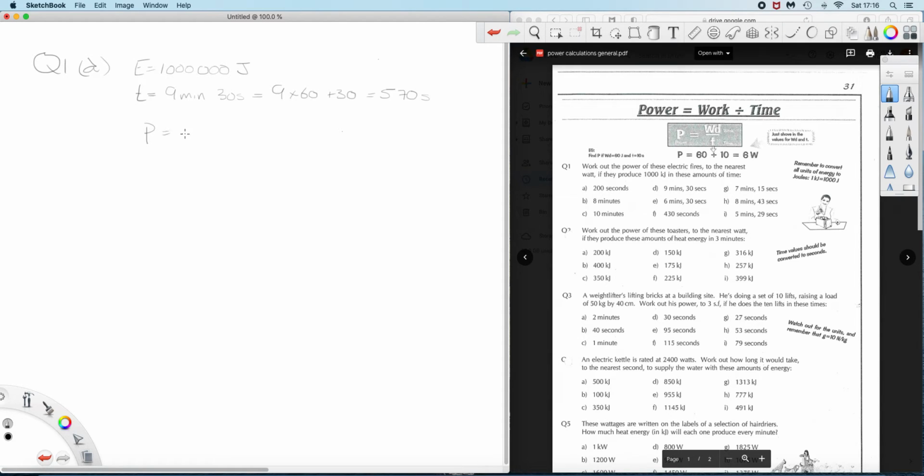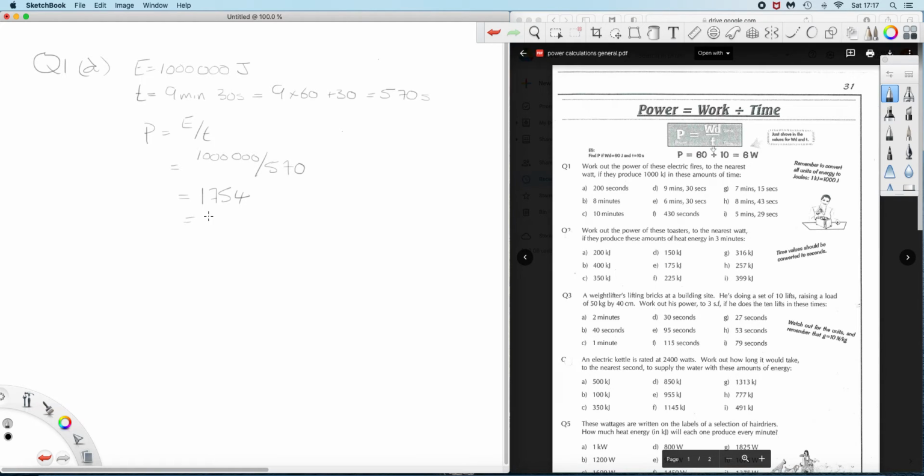Power then is our energy divided by our time, which is 1 million divided by 570, and 1 million divided by 570 is 1754.39.